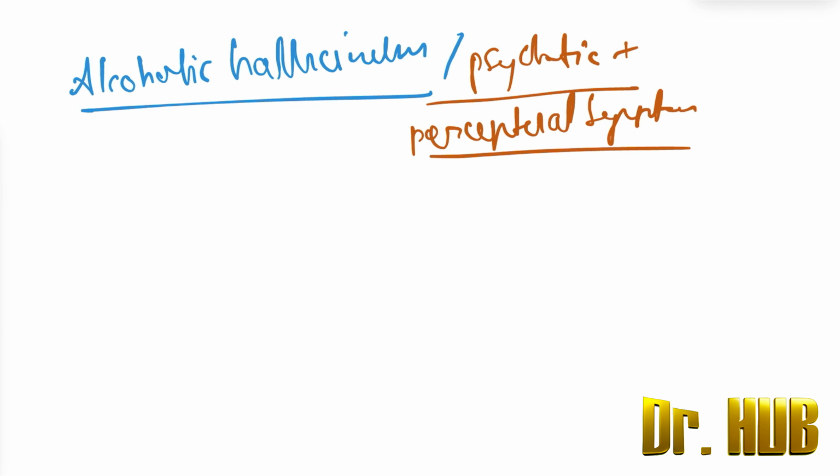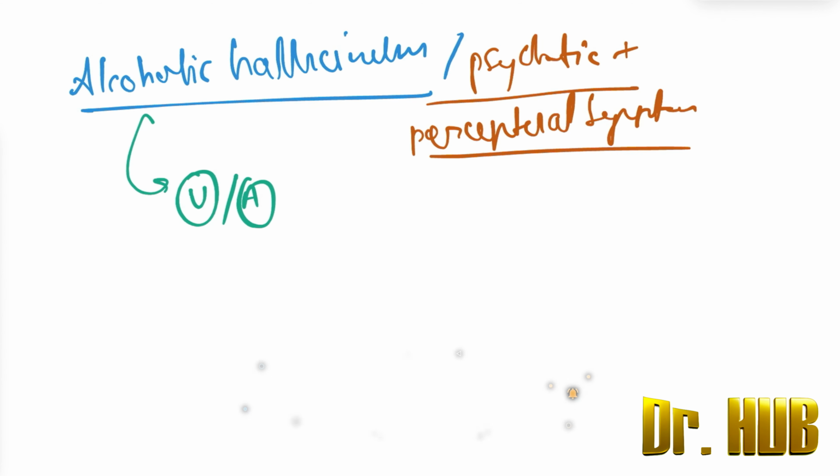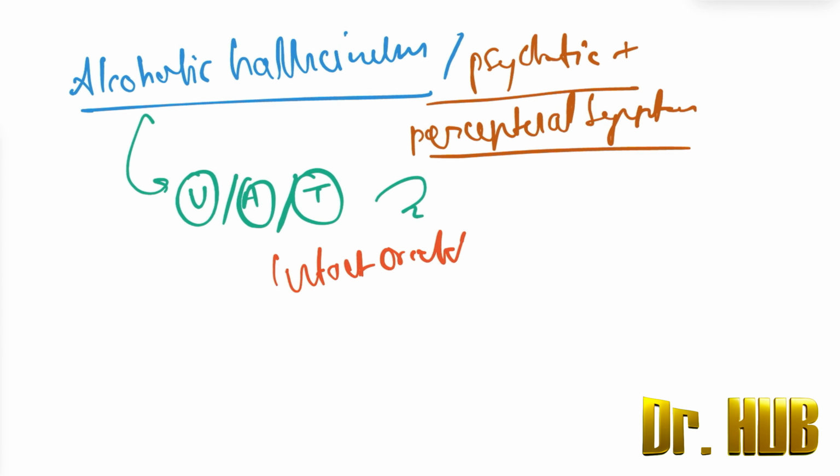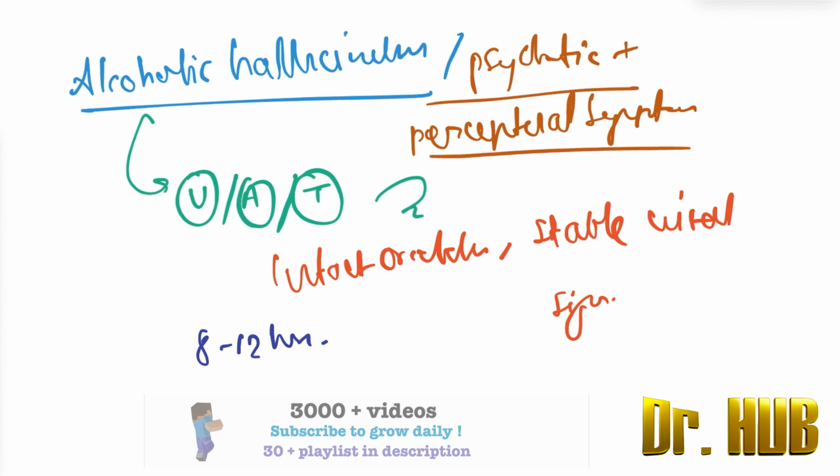There will be visual, auditory, as well as tactile hallucinations, with intact orientation as well as stable vital signs. And the onset since the last drink will be 8 to 12 hours.